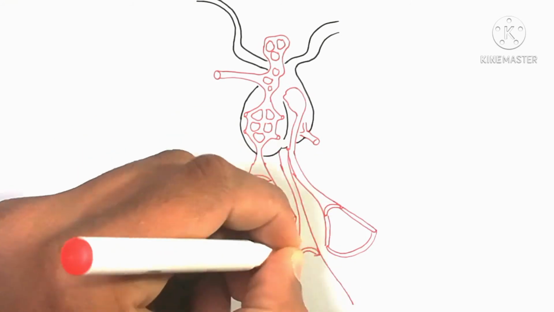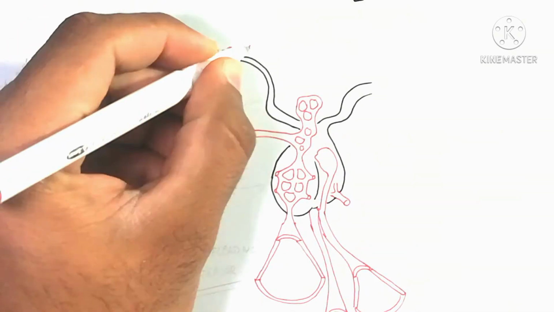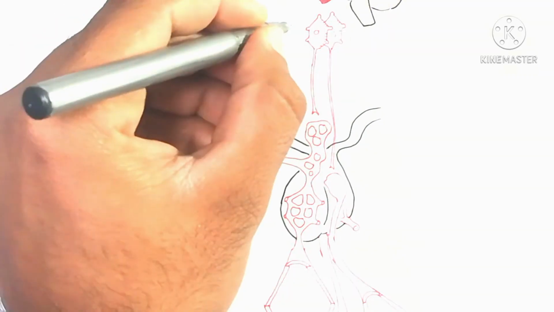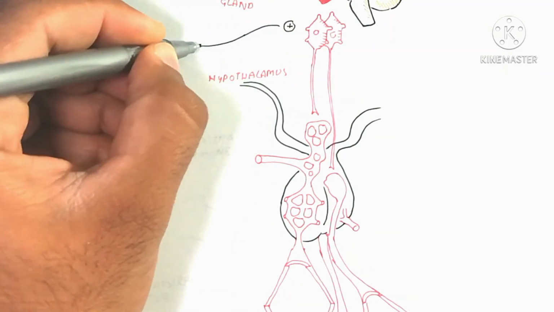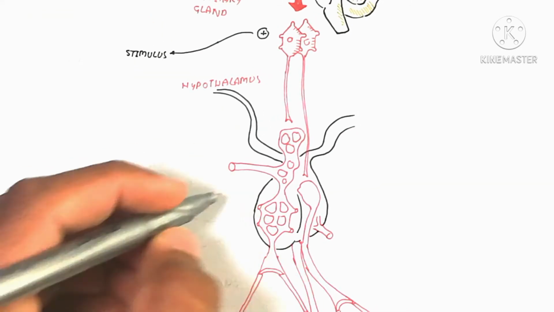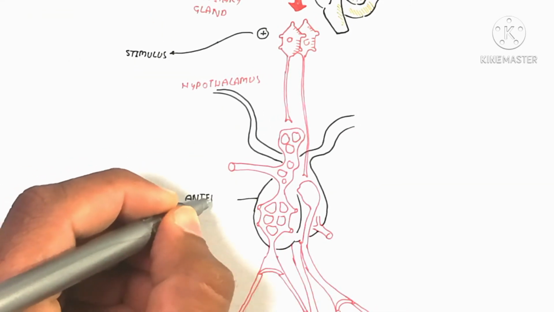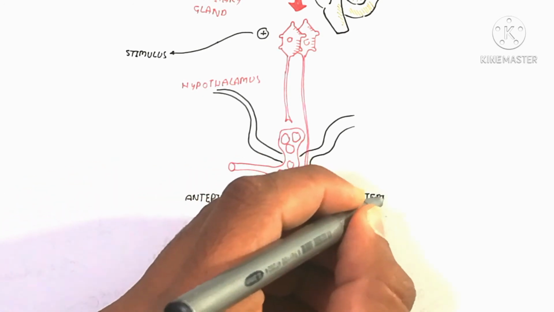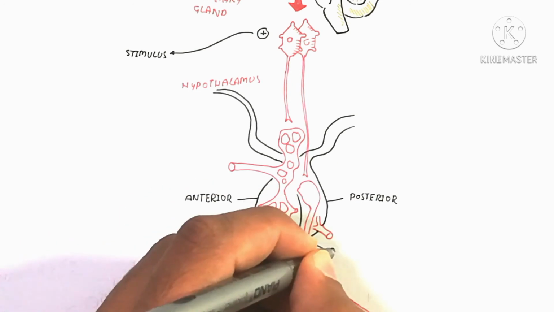The anterior lobe is the master lobe of the pituitary gland, and at the back is the posterior lobe. So these are known as the anterior, or adenohypophysis, and the posterior, or neurohypophysis.